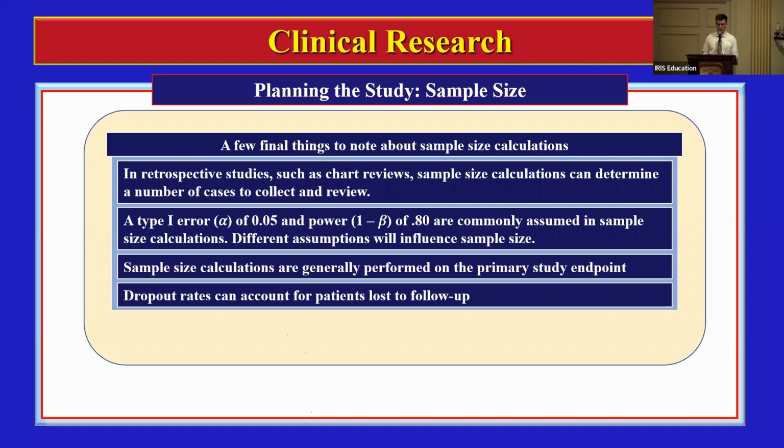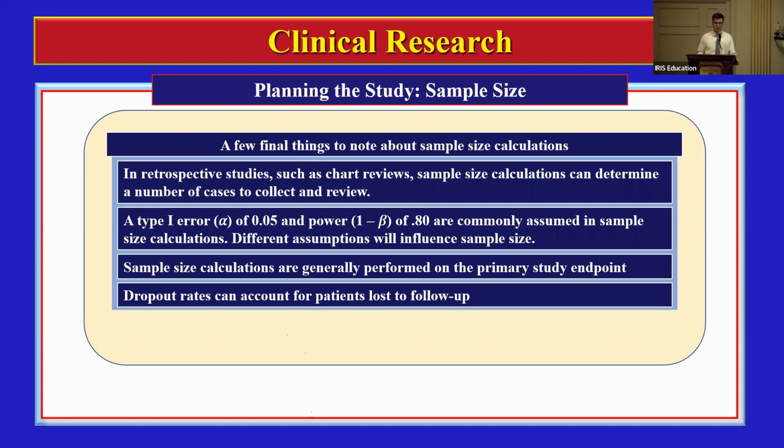And just a few final things to note with sample size calculations. In the retrospective setting, such as a chart review, you can use sample size calculations to determine a number of cases that you need to collect and review. We talked about type 1 error and power earlier, and these are usually assumed to be a certain value. But if we make changes to these values, then it's also going to influence the total sample size in our study.